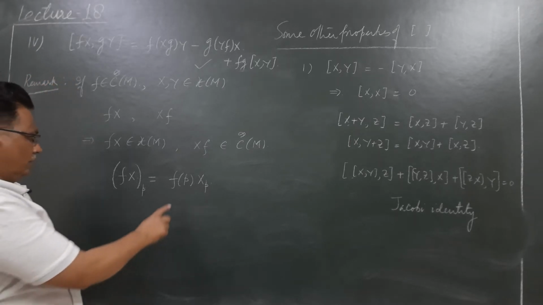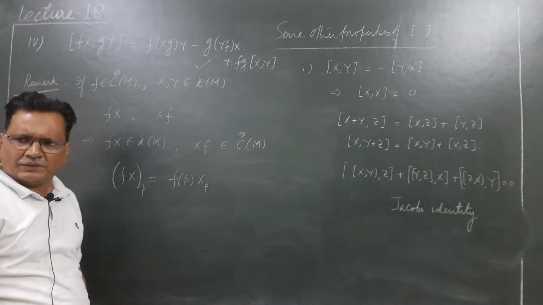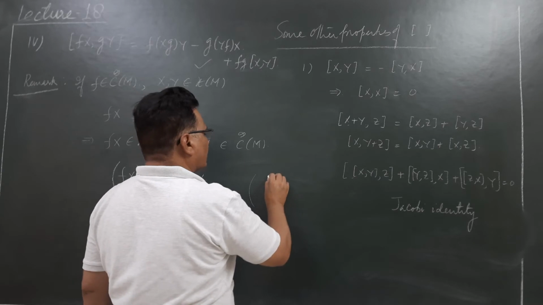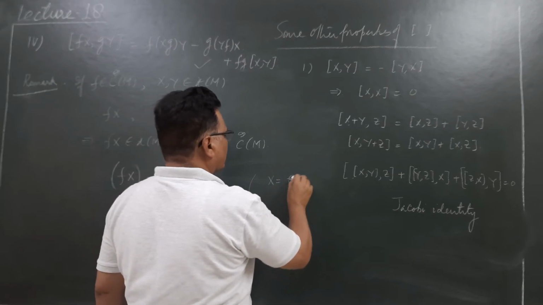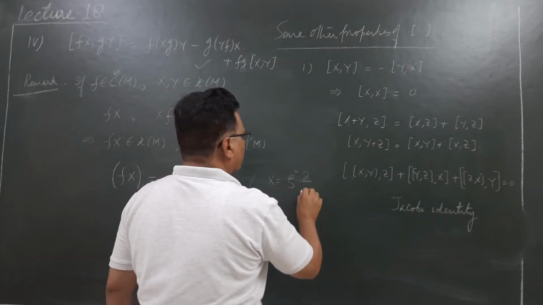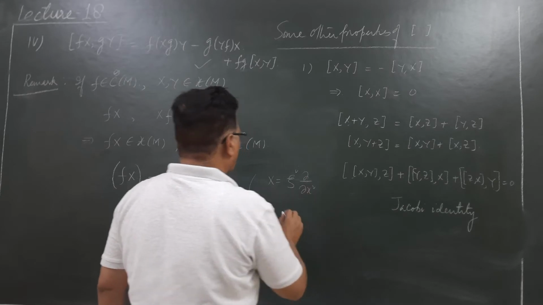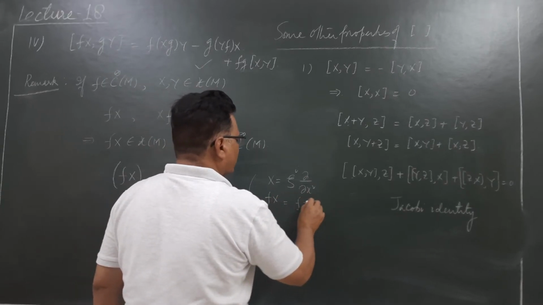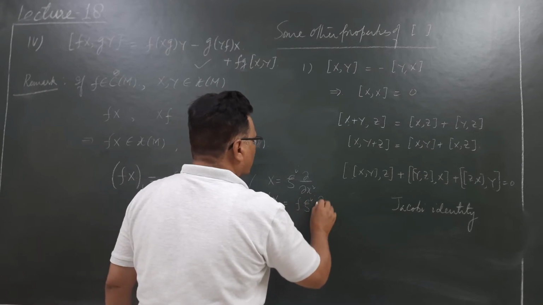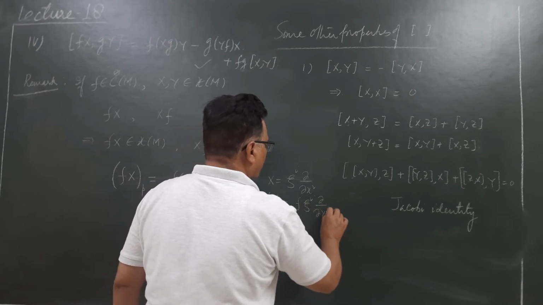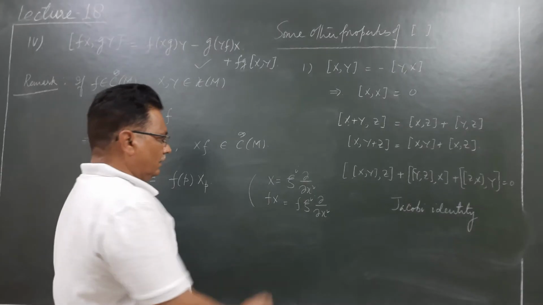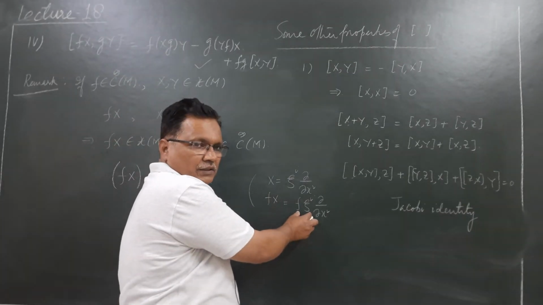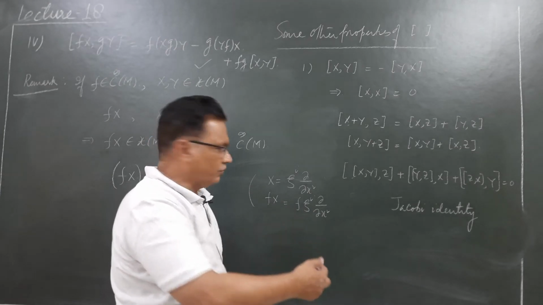And how do you say that it is equal to this much? There must be some argument. Look here, suppose locally I am writing X equal to some ξ^i ∂/∂x^i. So fX will be what? This implies fX will be f times ξ^i into ∂/∂x^i. ठीक है ना, f फंक्शन है तो वो दोनों फंक्शन आपस में मल्टीप्लाई हो गए, so it becomes a new real valued function.